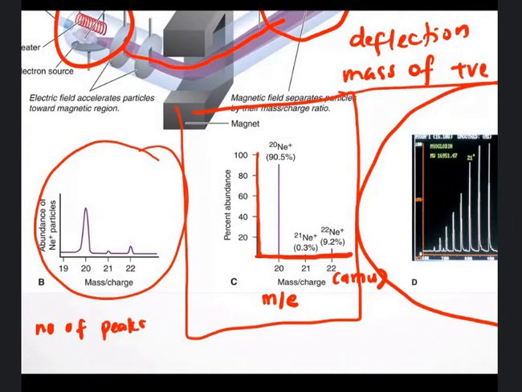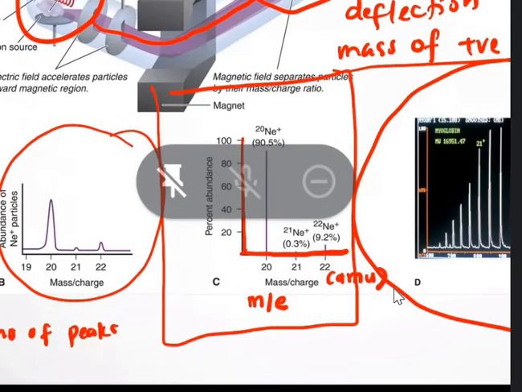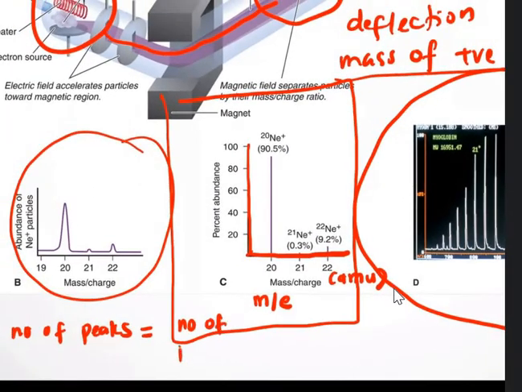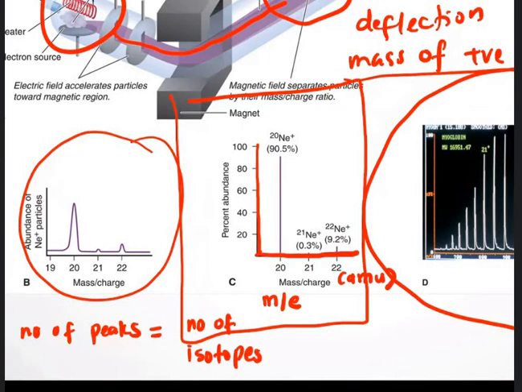Macam contohnya kalau sampel kita neon, helium, argon gas ke, so it is dalam bentuk elemental form, then the number of peaks is always representing number of isotopes. Okay, number of peaks is telling us the number of isotopes that we have in our sample.